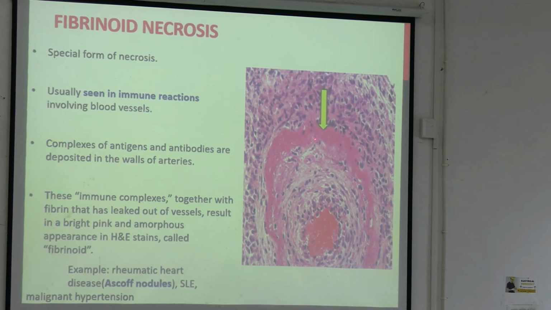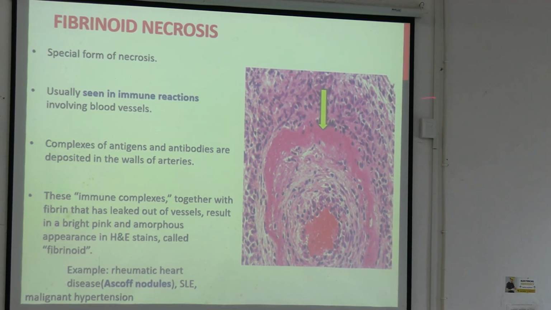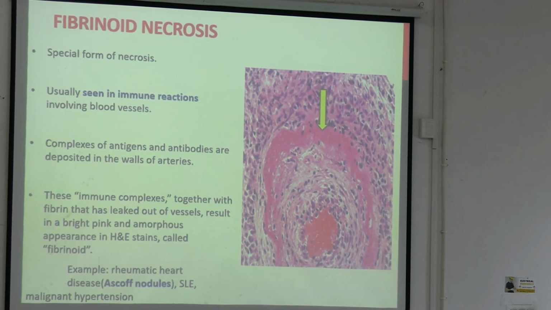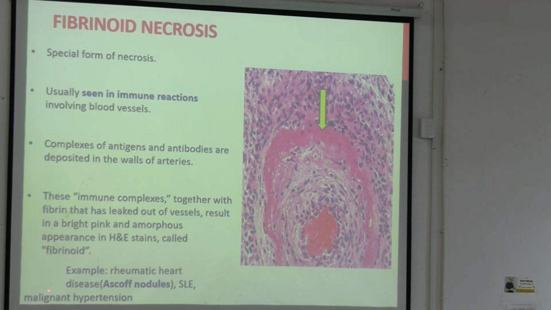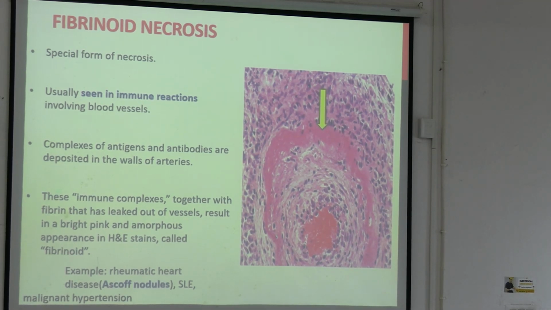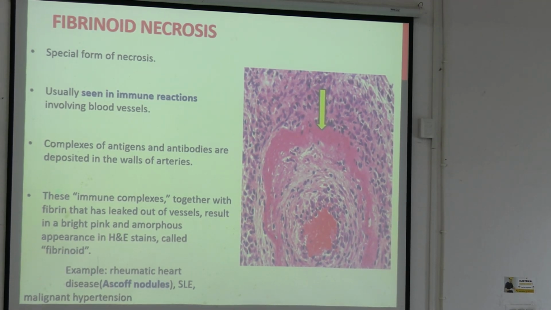This is known as fibrinoid material. This looks like fibrin under the hematoxylin eosin stain, but this is not the actual fibrin. Where is it found? Examples are rheumatic heart disease known as Aschoff nodules, or malignant hypertension, or different collagen vascular diseases like SLE.